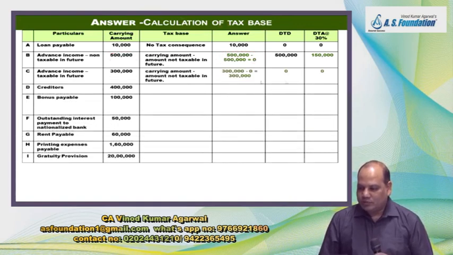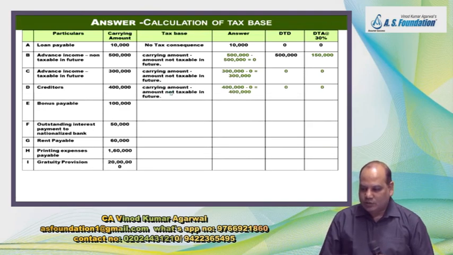Third answer is carrying amount minus amount not taxable in future. 3 lakh minus 0, 3 lakh. Since 3 lakh and 3 lakh are matching, these two columns will become 0 and 0. Creditor, no tax consequence. You can just write down no tax consequence. 4 lakh, 0, 0.